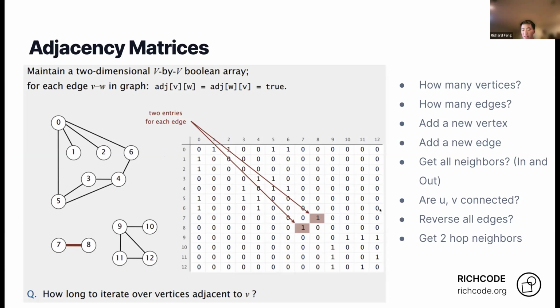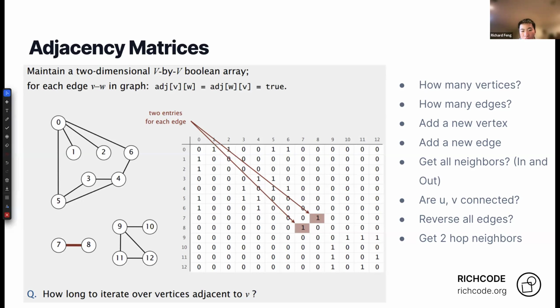So we're given here an adjacency matrix, and I have some questions for all of you. How would you count the number of vertices? The number of ones? The number of ones, that's the answer to the next question.